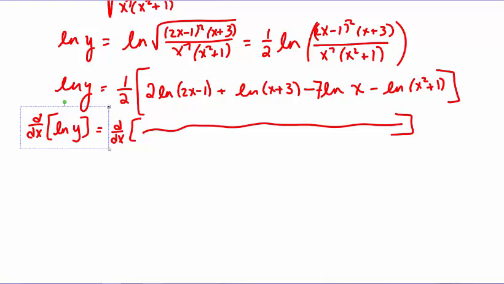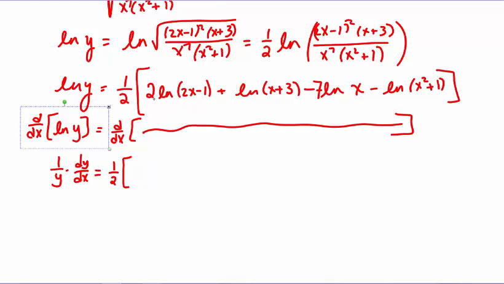The derivative of ln y is going to be 1 over y dy/dx. The derivative of the inside over the inside, and since it was a y, I need to leave behind a dy/dx. That's an implicit differentiation there. And over here, when I take the derivative, this 1/2 is going to stay. And then these are just different added or subtracted terms, so I can take the derivative one by one.